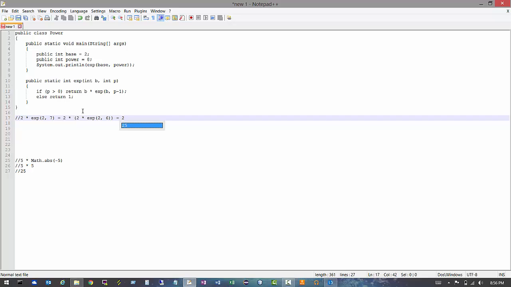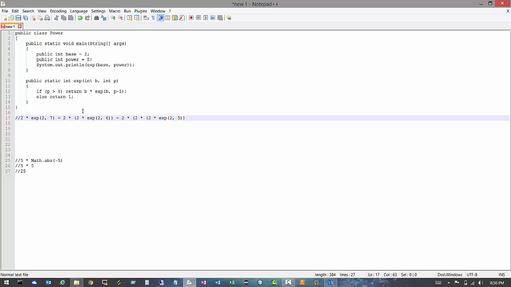We now have 2 times 2 times, well, what's that? We send 2 and 6 to exp. 6 is greater than 0, so we return 2 times exp of 2, comma, p minus 1 is 5.